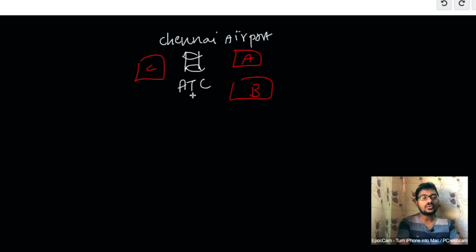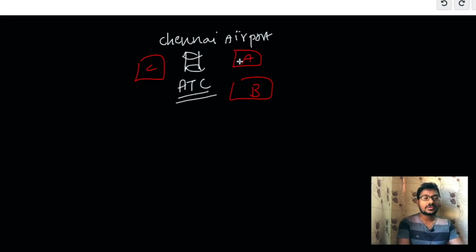If A, B, C are trying to land on a particular pathway, ATC will inform A, B, C that 3 planes are trying to land on that pathway, so please be safe. Then ATC will guide the planes on which one needs to land first, then next, and then the third one. So here the air traffic controller is playing a major role.